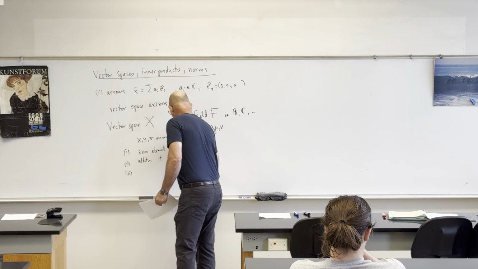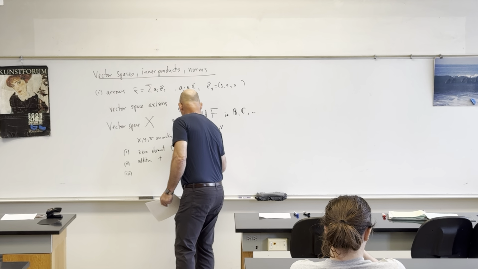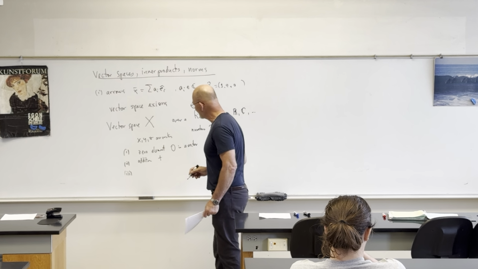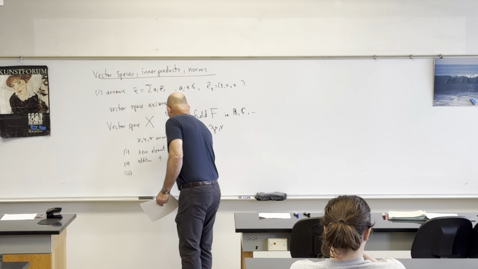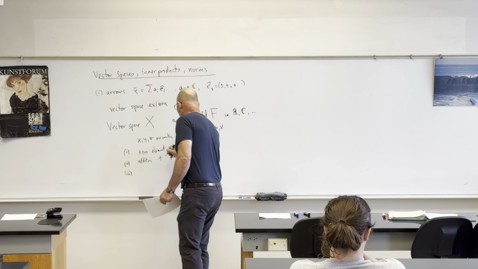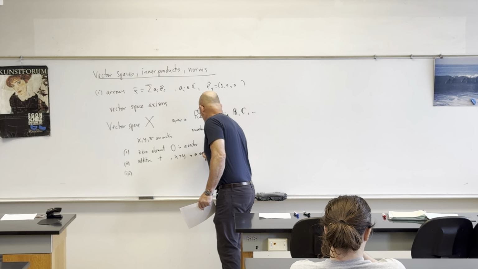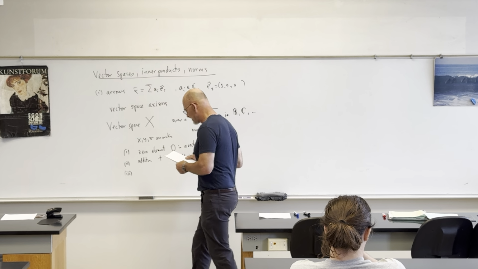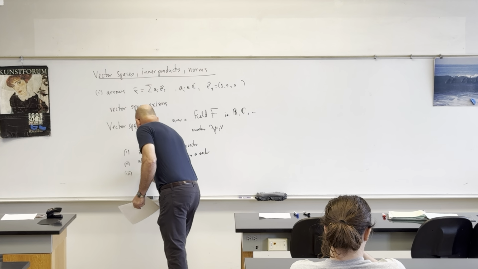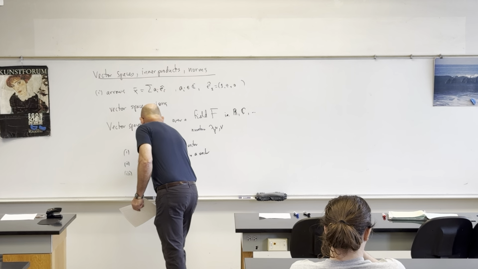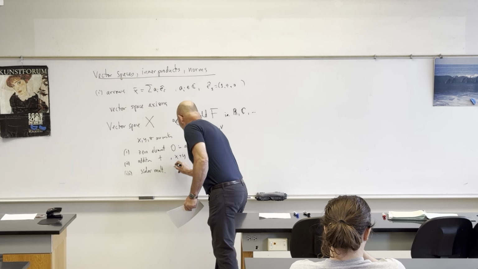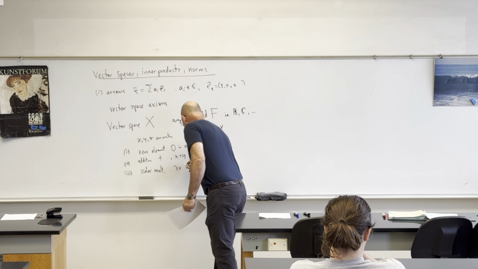So 0 is a vector, if we add 0 to things. We have addition, so x plus y is also a vector. And we have a scalar multiplication. So lambda times x is a vector.